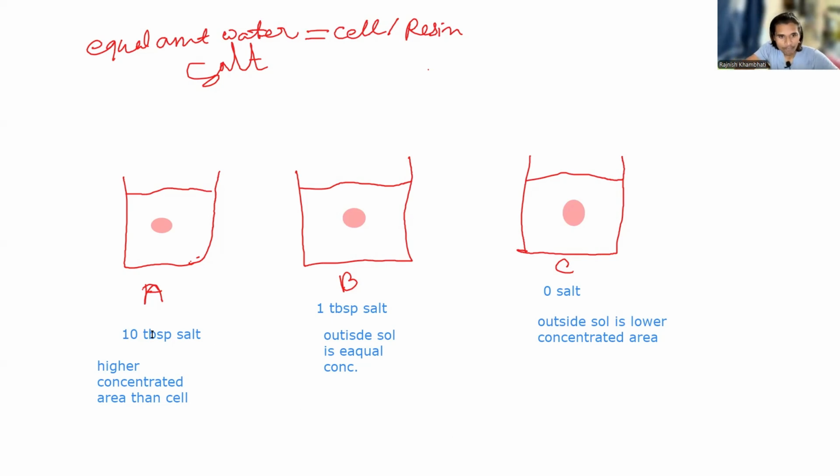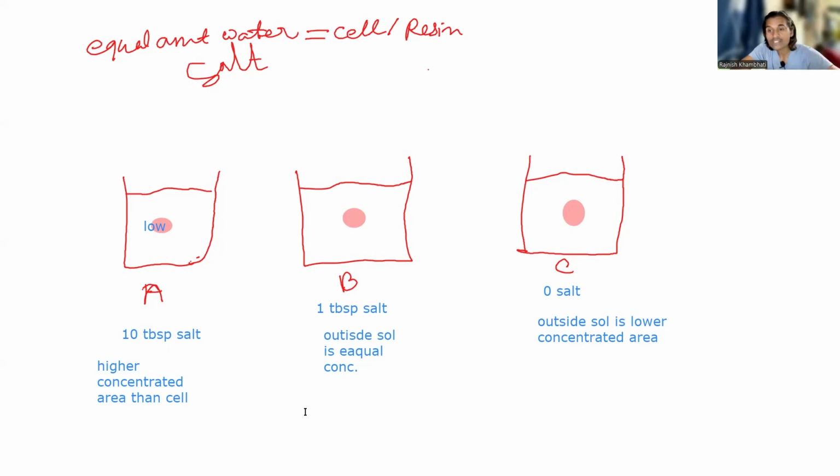In glass A, because there is so much salt, the outside solution is higher concentrated as compared to the cell. So inside the cell, it is low concentrated. Clear? And the outside solution is a high concentrated area.